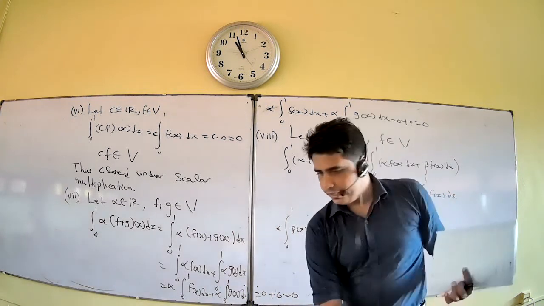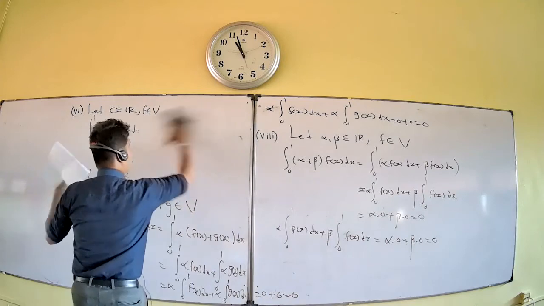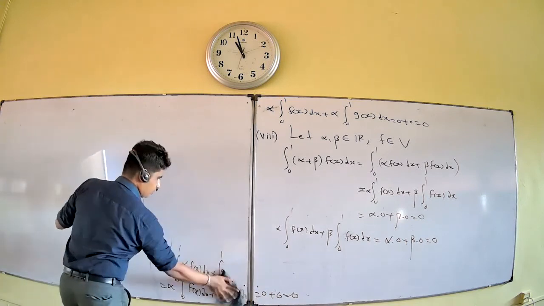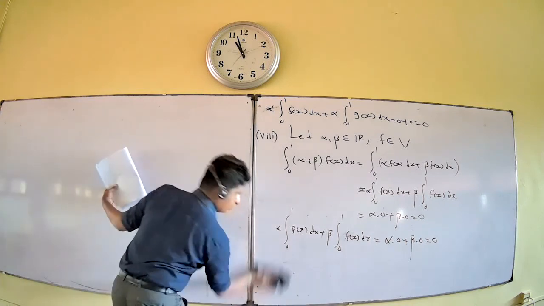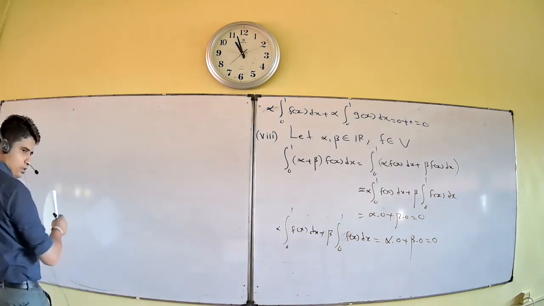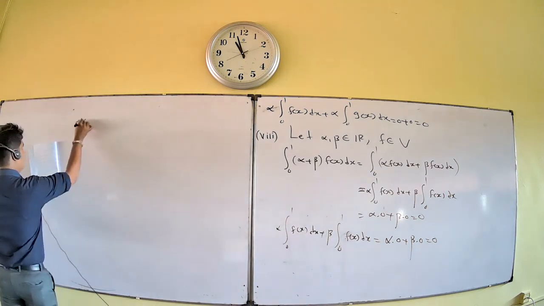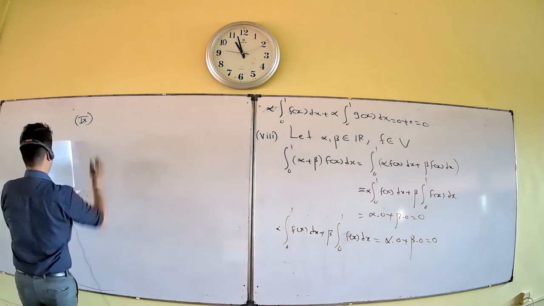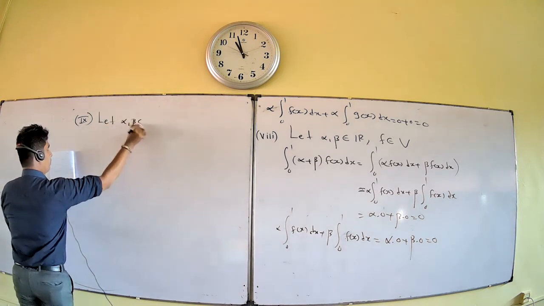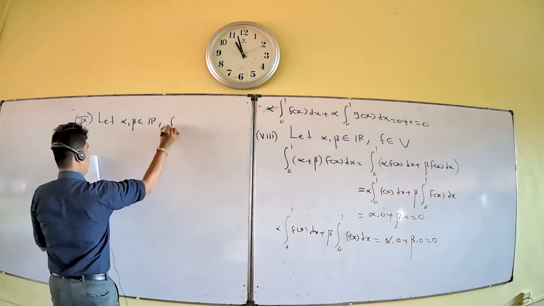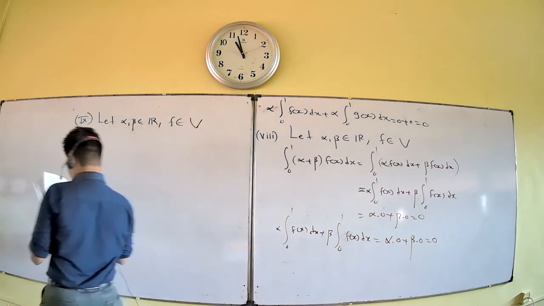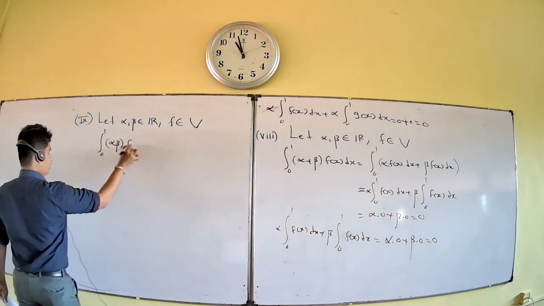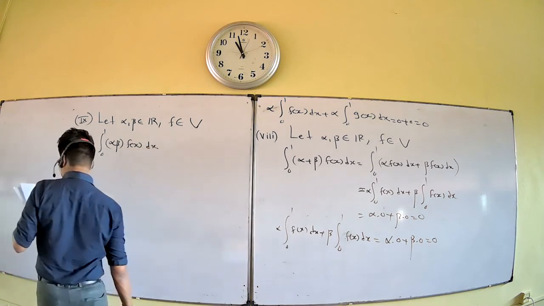Now axiom number 9. Okay, axiom number 9. Let alpha comma beta in real numbers, f belong to V. So you take this one, the integral from 0 to 1 of alpha beta f(x) dx.